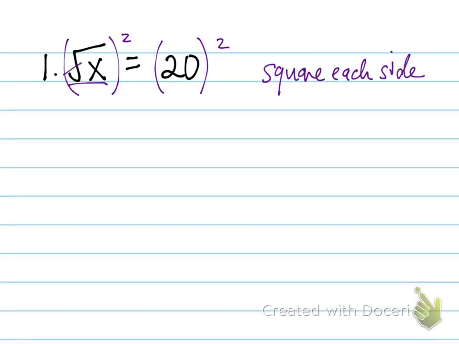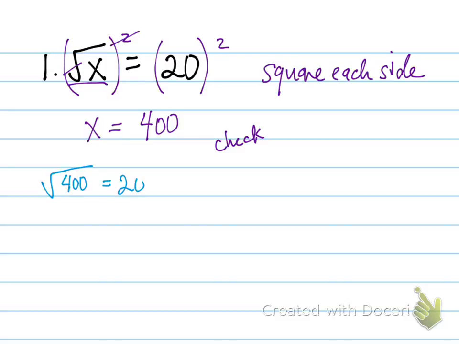So when I square square root, it just becomes x equals 20 squared, which is 400. Good. Then I want to check it. When I check, that means that I plug it back into the original. So the square root of 400 equals 20. 20 equals 20. We're good.